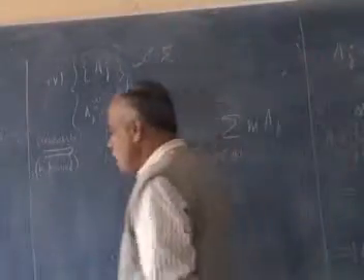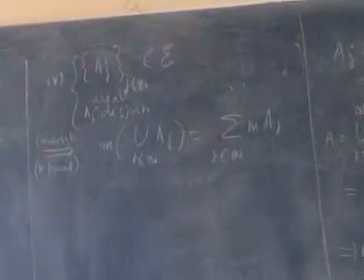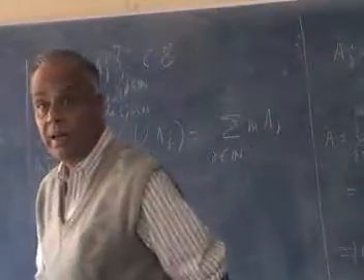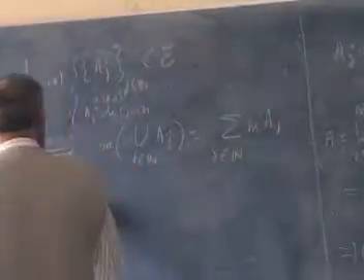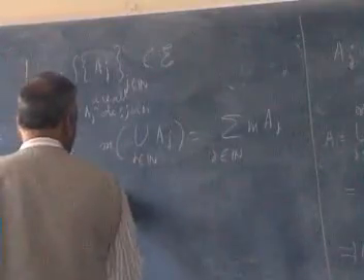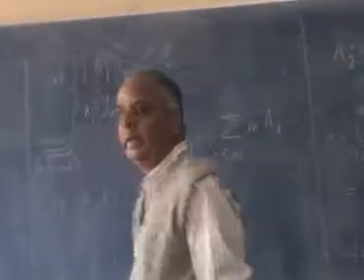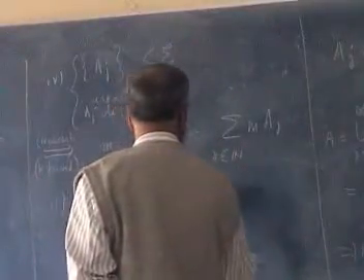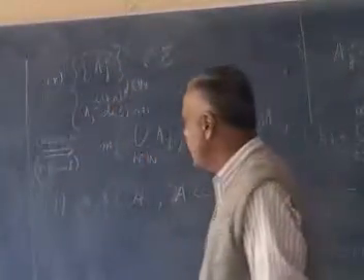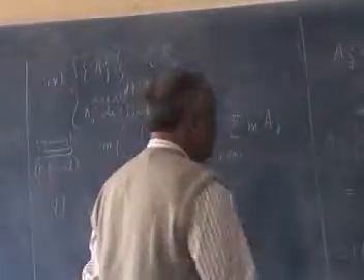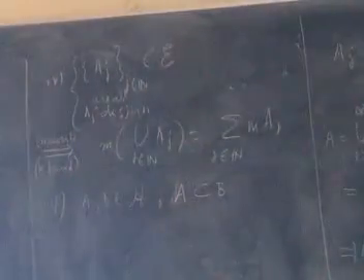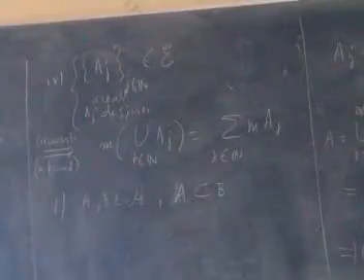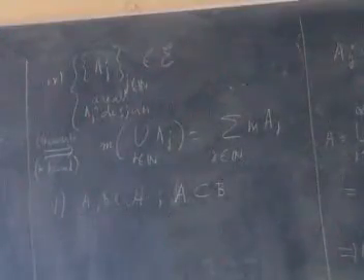So one more thing which I want to observe is the following. The monotonicity I haven't looked at yet. But then it follows, suppose A and B are in the algebra and A is contained in B. Then I can write B, this is B and A is a part of it.